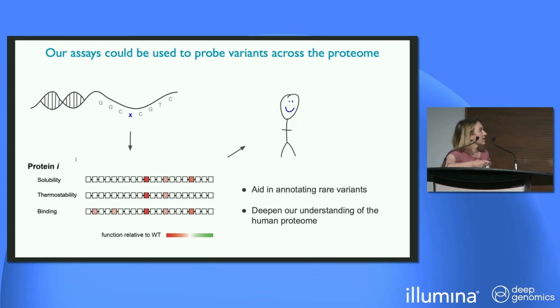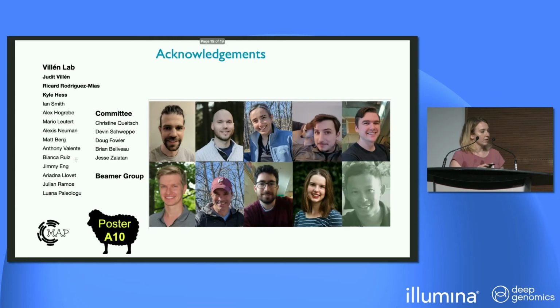And so we're hoping that the behavior of these variants in our assays is really reflective of what's going on in disease biology, and that we can apply these assays to lots of other proteins and diseases and further our understanding about the proteome. So I'd love to thank everyone in the Vien Lab, the Center for the Multiplex Assessment of Phenotype, and if you want to come see a black sheep poster, I'm poster A10.